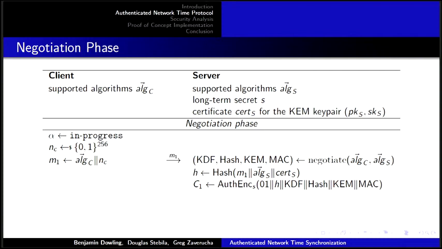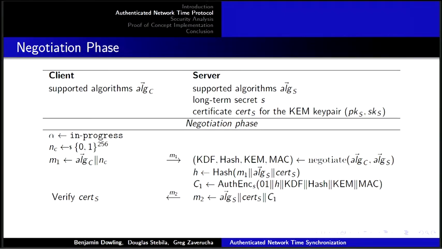It encrypts this data under its long-term secret key S, which is a pseudo session ticket idea used from TLS in order to offload server state maintenance to the client. So the server sends over M2, which is the concatenation of its algorithms, its certificate information, and the opaque value that contains this hash.